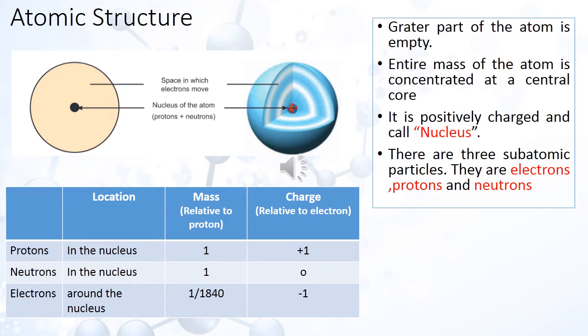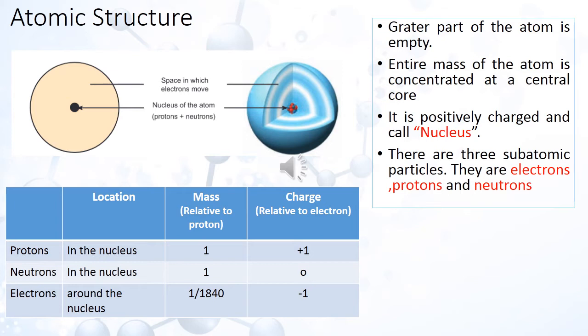Protons are located in the nucleus. Relative mass is 1. They are positively charged. Neutrons are also in the nucleus and the mass is 1. They do not have any charge. Electrons are around the nucleus.